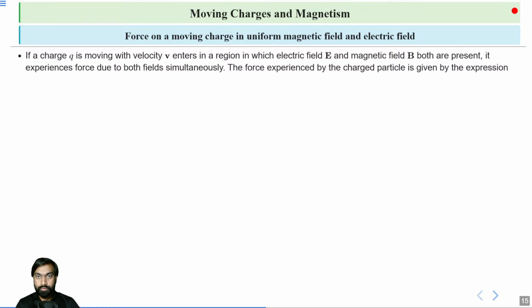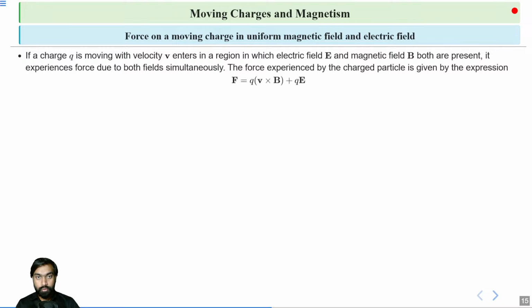Now we will talk about the force on a moving charge in a uniform magnetic field and electric field. This concept is important because charged particles experience forces when moving through regions where electric and magnetic fields exist simultaneously. If a charge q moves with velocity v into a region where both electric field E and magnetic field B are present, it experiences a force due to both fields at the same time.